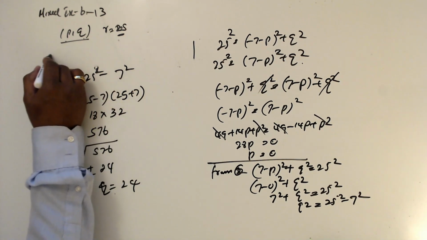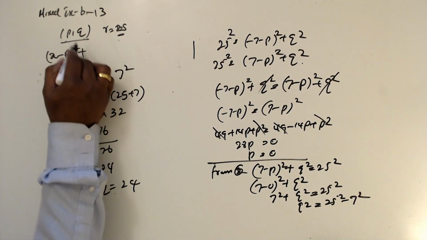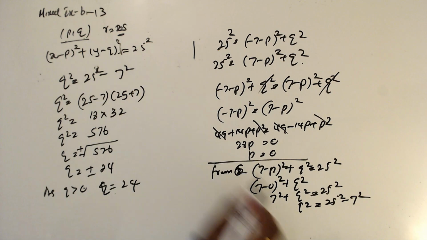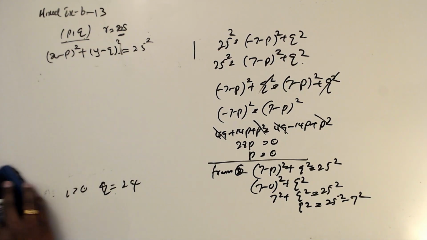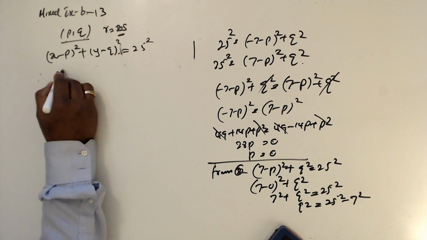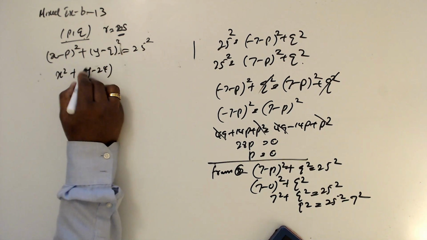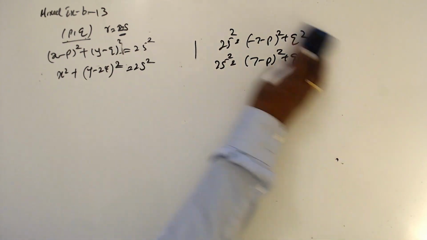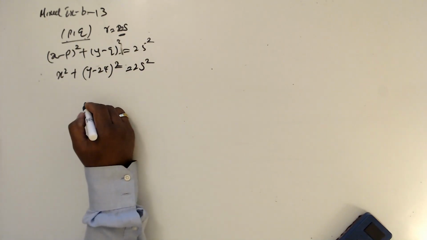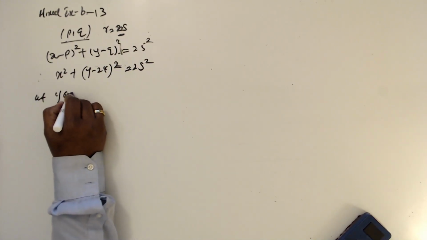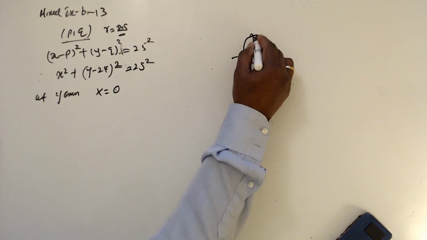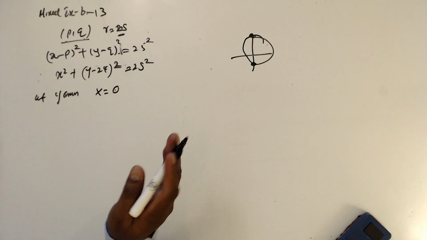Now I am writing the equation of the circle: (x minus p) squared plus (y minus q) squared equals 25 squared. Now p equals 0, so it becomes x squared plus (y minus 24) squared equals 25 squared. Now we want to find part B, where the circle cuts the y-axis. On the y-axis x equals 0.